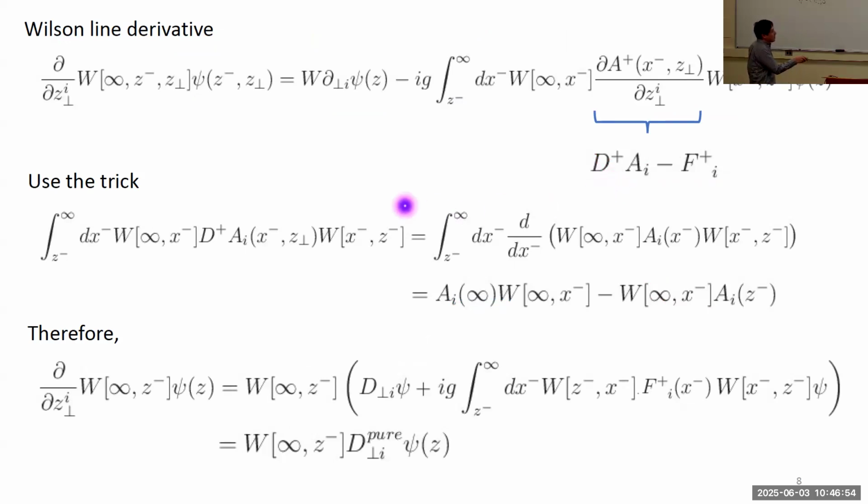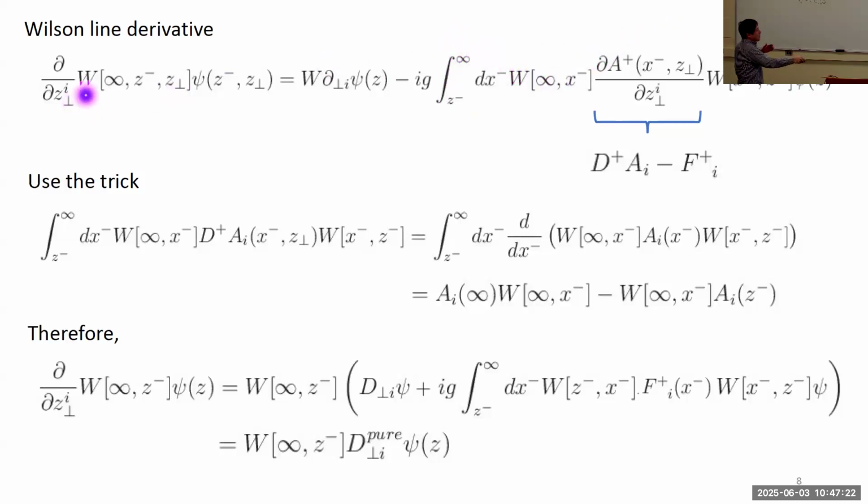I need to calculate the derivative of the Wilson line times this quark field. I have a term where the derivative acts on this quark field, and then there's another term where the derivative acts on the Wilson line. This is a bit tricky. This is a Wilson line extending from z minus to infinity, and this is the formula.